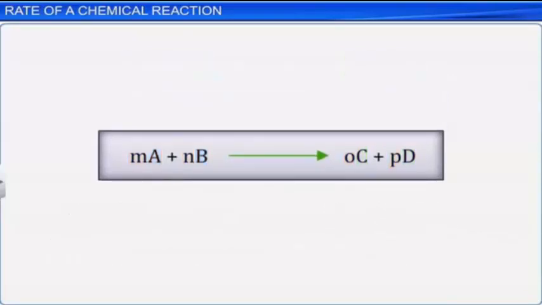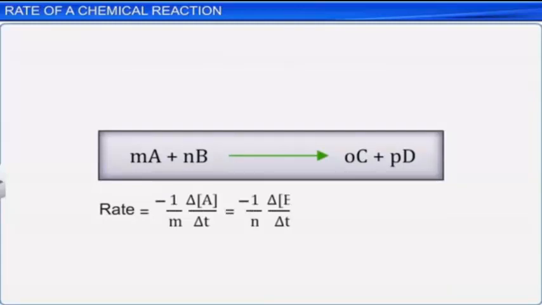The rate of chemical reaction in this case is given as -1 by m into delta A by delta T equal to -1 by n into delta B by delta T is equal to 1 by O into delta C by delta T is equal to 1 by P into delta D by delta T.